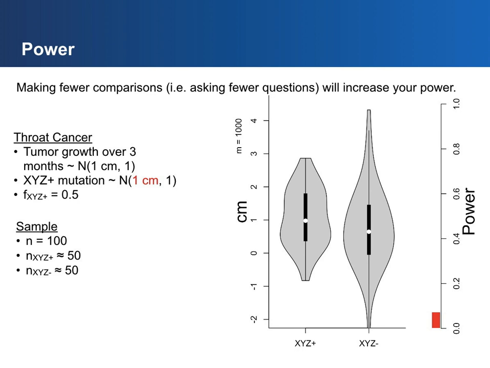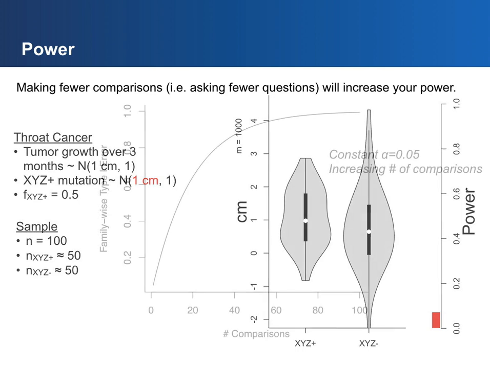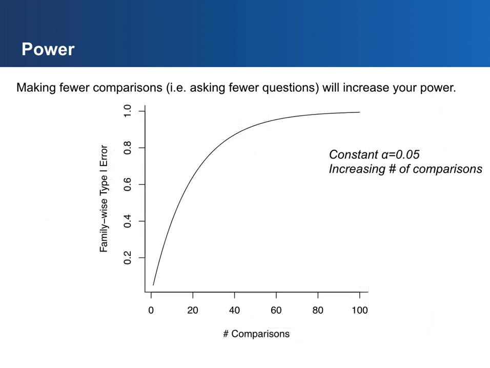What happens if we ask 2 questions or 3 or 4? Then the family-wise type 1 error, or the probability of getting a false positive in any of our comparisons, if we just take a p-value cutoff of 0.05, increases rather rapidly.